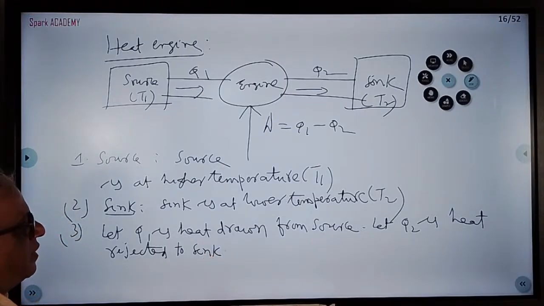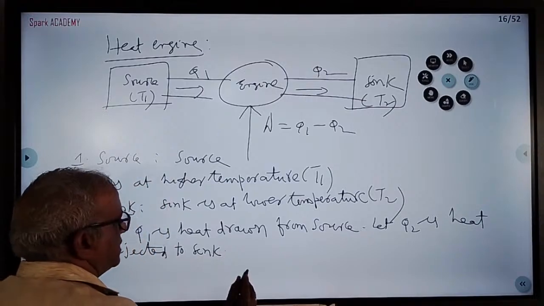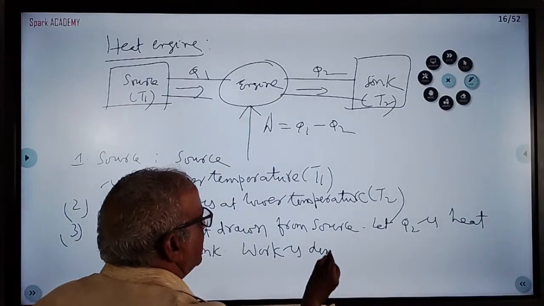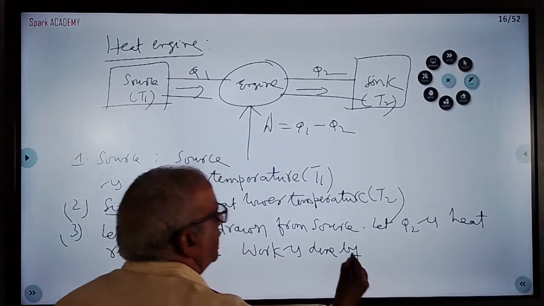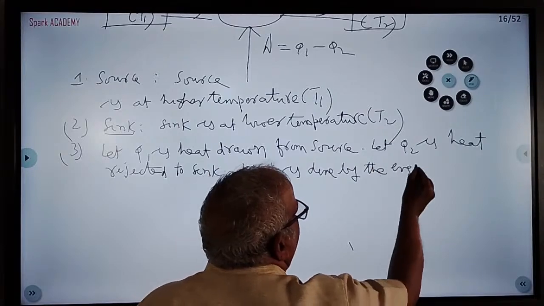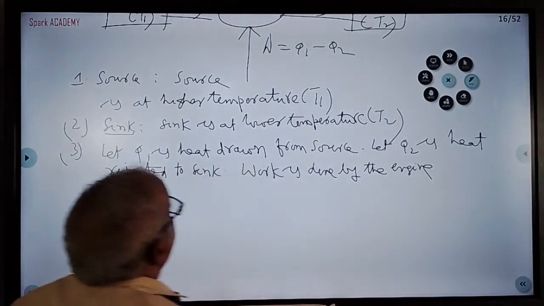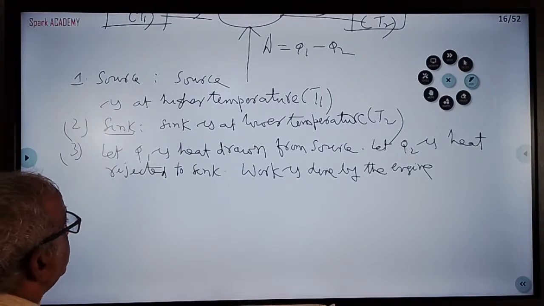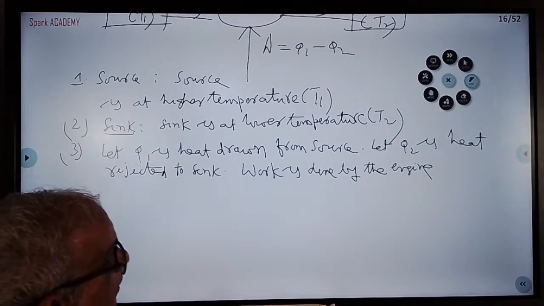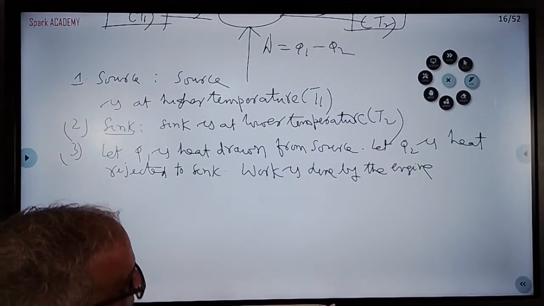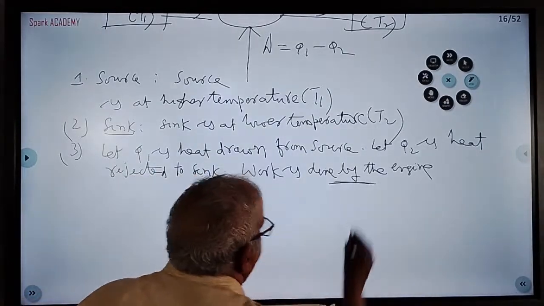Work is done by the engine in this process. The diagram is already there. Source is at higher temperature, sink is at lower temperature. Let Q1 be the heat drawn from the source, Q2 the heat rejected to the sink, and W the work done by the engine.